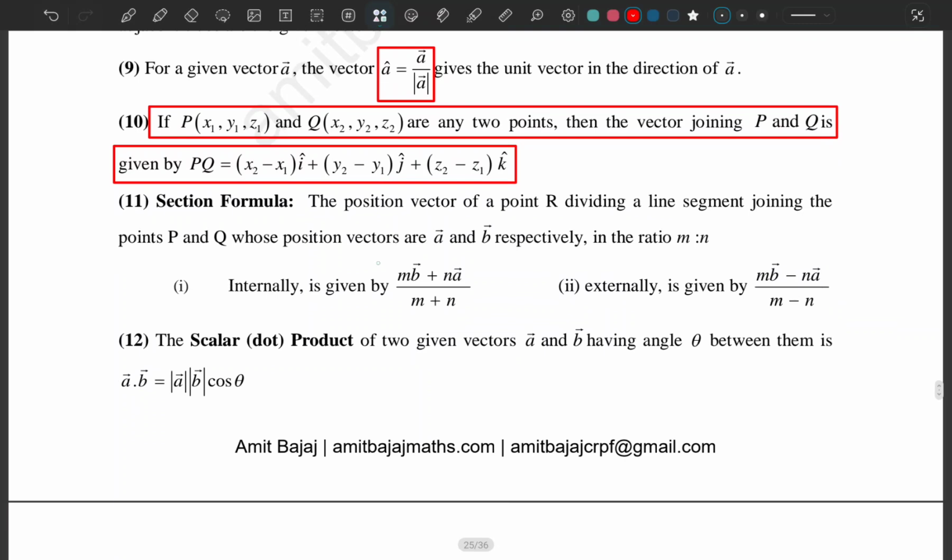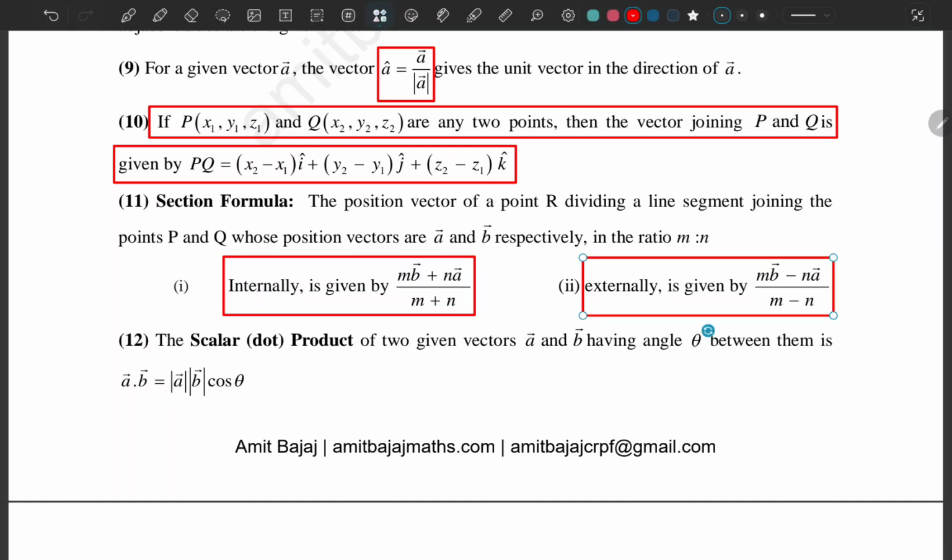Right. Section formula, again very important. Internally it is given by m times b vector plus n times a vector over m plus n, and externally it is given by m times b vector minus n times a vector over m minus n.